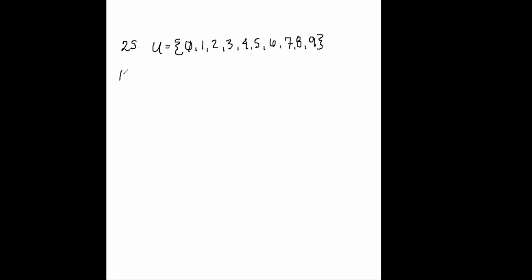And then we have three sets defined: A, which is 0, 1, 5, and 7; B, 2, 3, 5, and 8; and then C, 5, 6, and 9.